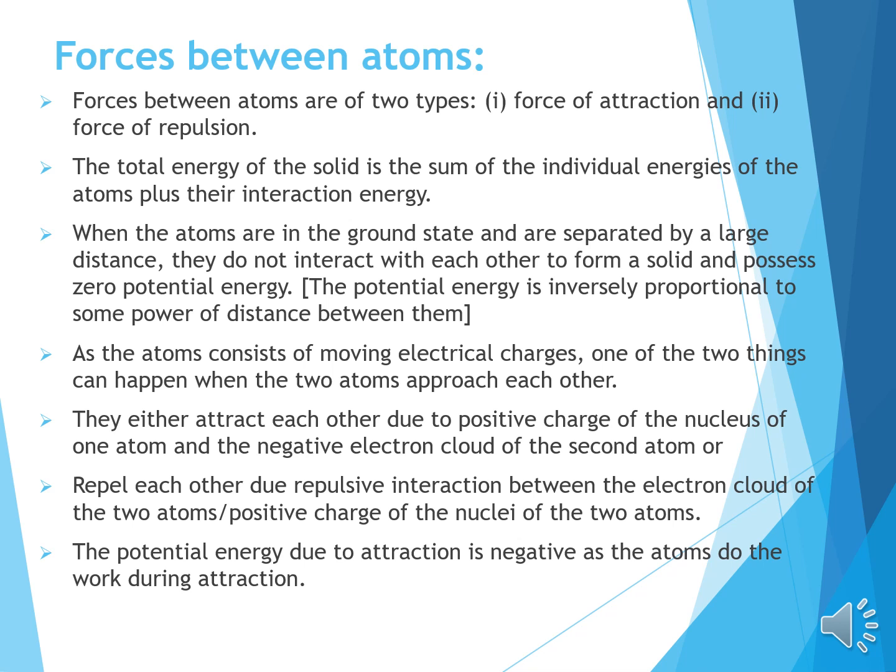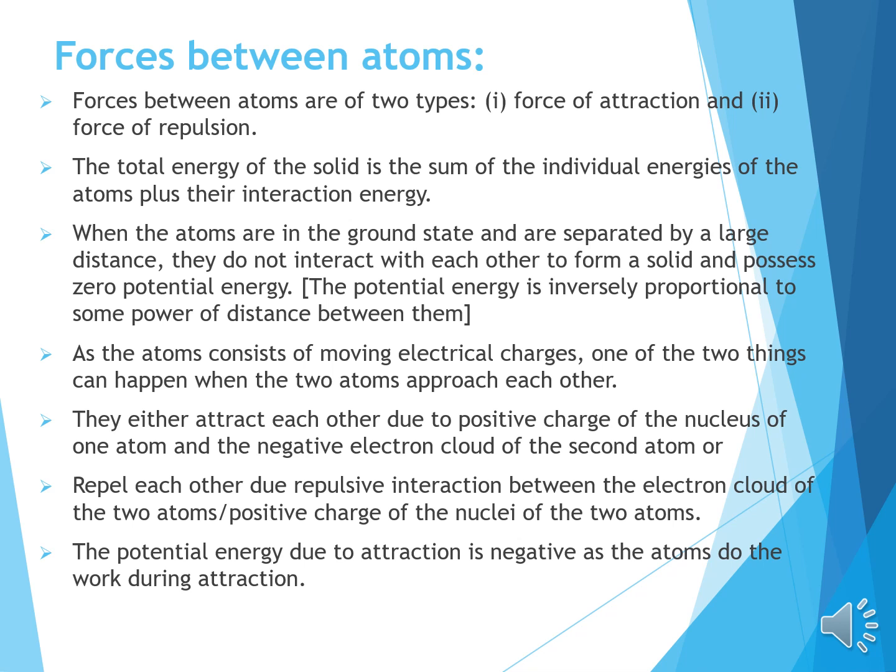But as the atom consists of moving electrical charges, that means electrons, one of two things can happen when the two atoms approach each other. They either attract each other due to the positive charge of the nucleus and the electrons in the second atom.